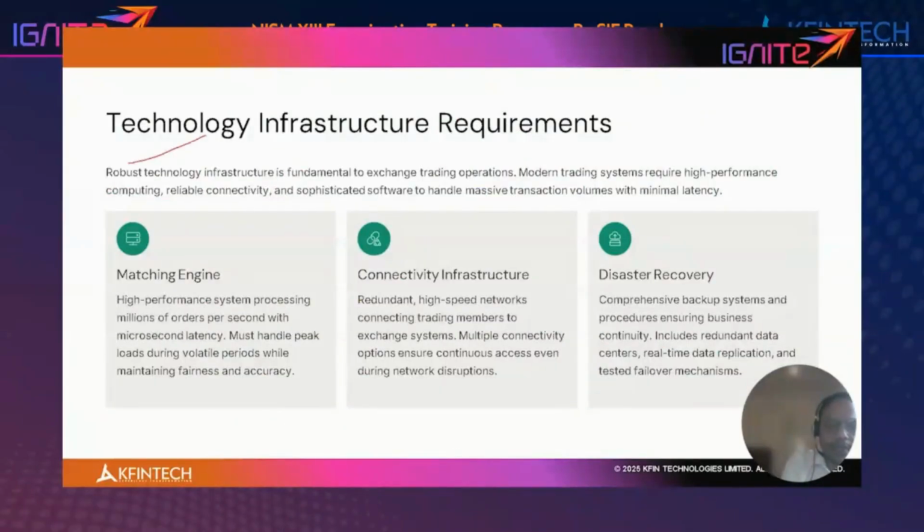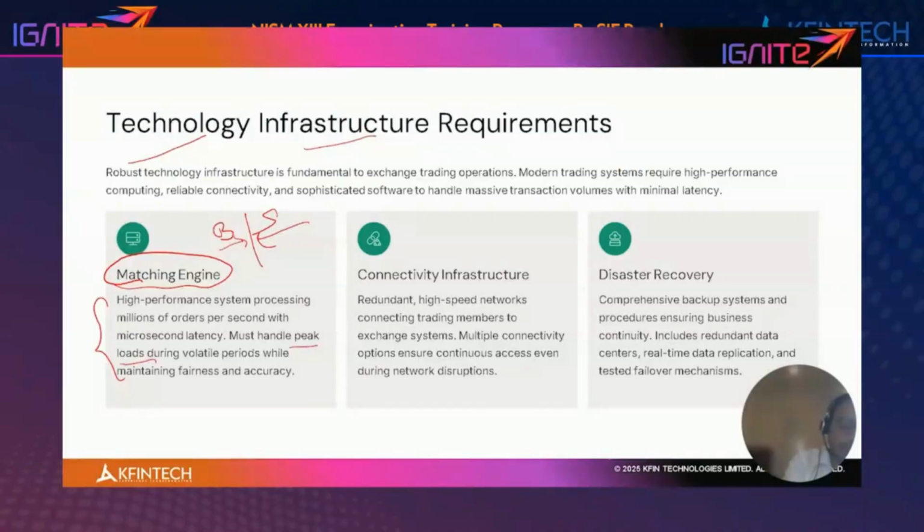And what is the technology infrastructure which is required? One is the matching engine. Why? Because buyers and sellers are continuously putting in orders. There has to be a matching engine which actually matches these orders, and it should work in peak loads.